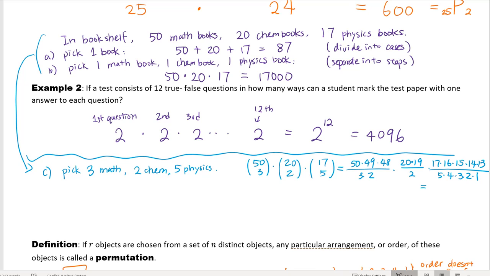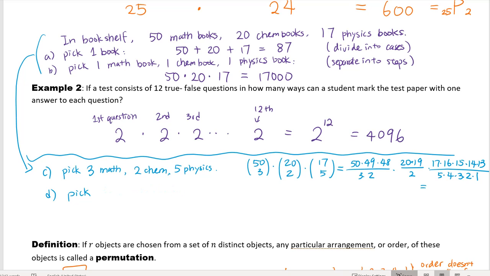And what if they want to pick less than 2 math books? Let me think about it.